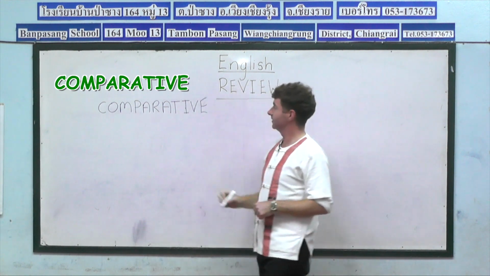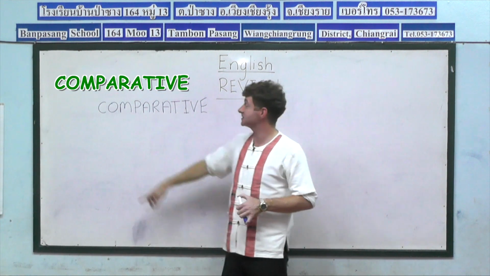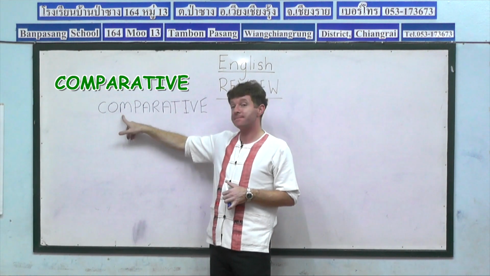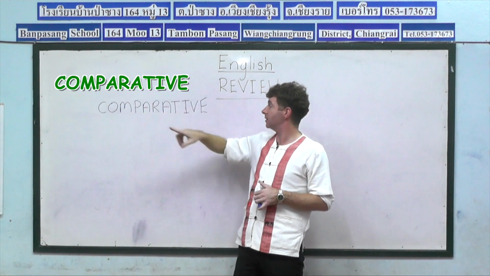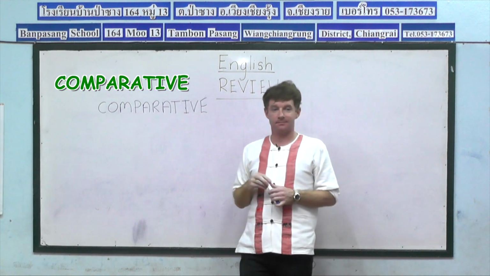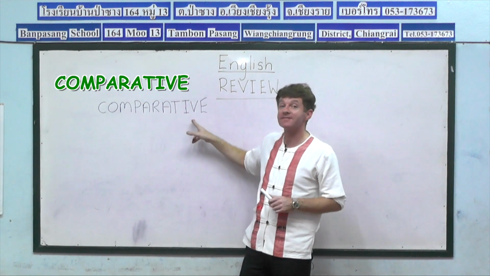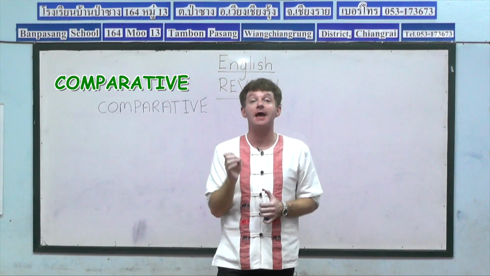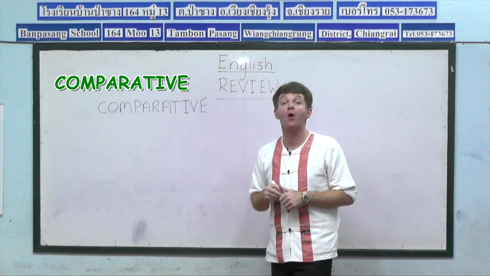C-O-M-P-A-R-A-T-I-V-E. Quite a long word. So let's spell it all together again, guys. C-O-M-P-A-R-A-T-I-V-E. Comparative. Excellent. And the second type of words that we're going to be learning about is superlative.